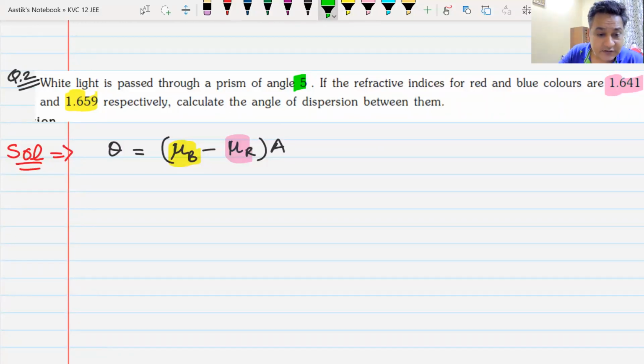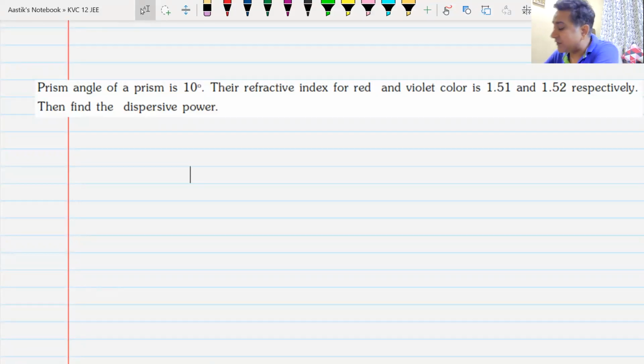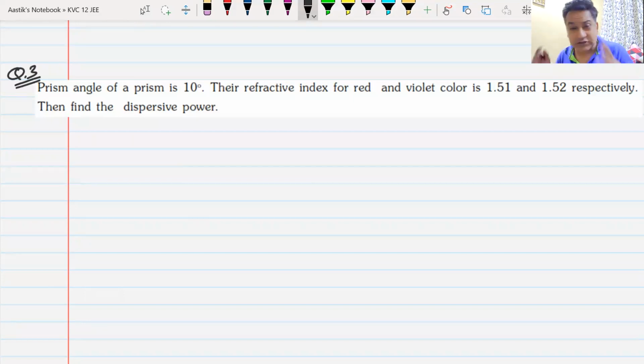Okay. Remember, these questions are all about you remembering simple things and the simplest of the shortcuts. Can I give you the next question? Remember, one of those questions that we are doing may actually come in your examination hall, maybe even with the same values, because there are very few questions, and that is why I'm doing all of them, so that if a question of dispersion deviation comes, it comes from this one.